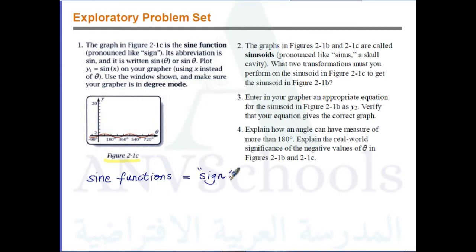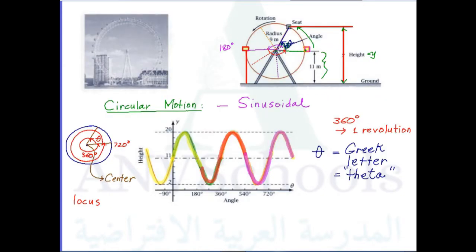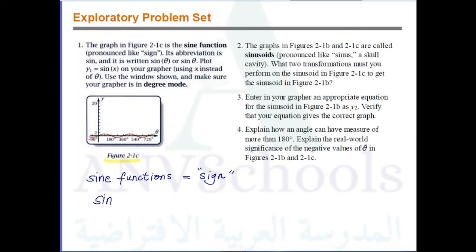It is written as the sine of an angle. For example, here our angle is theta, so we could write this as sine of theta, where theta is the angle.